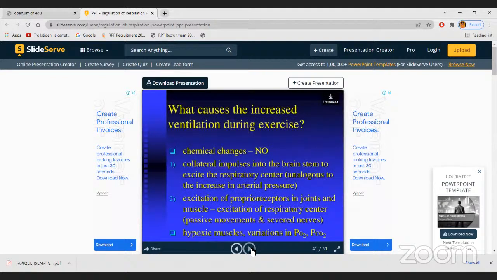What causes the increased ventilation during exercise? The chemical changes are not the cause.